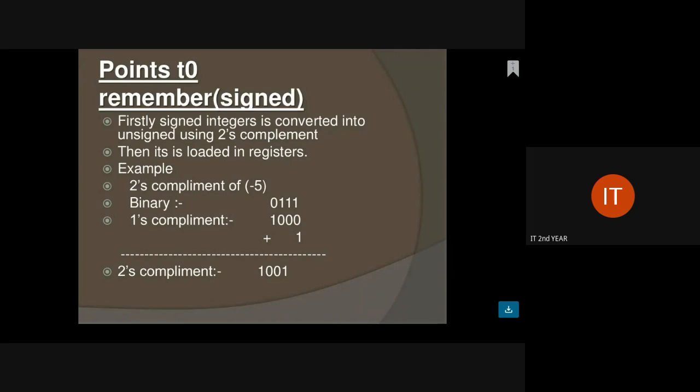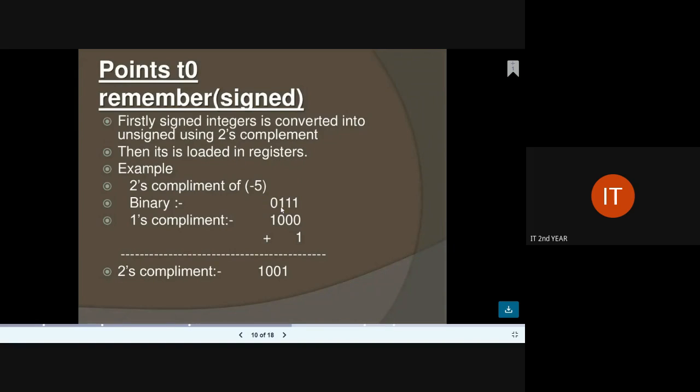For example, if we are going to deal with minus 5, for example 3 into minus 5 or 2 into minus 5, we can't place the same value of minus 5, so we convert to the binary equivalent of minus 5, and that is the 2's complement of 5. Firstly we take the value of 5, 0 1 1 1. This is the binary value of 5.